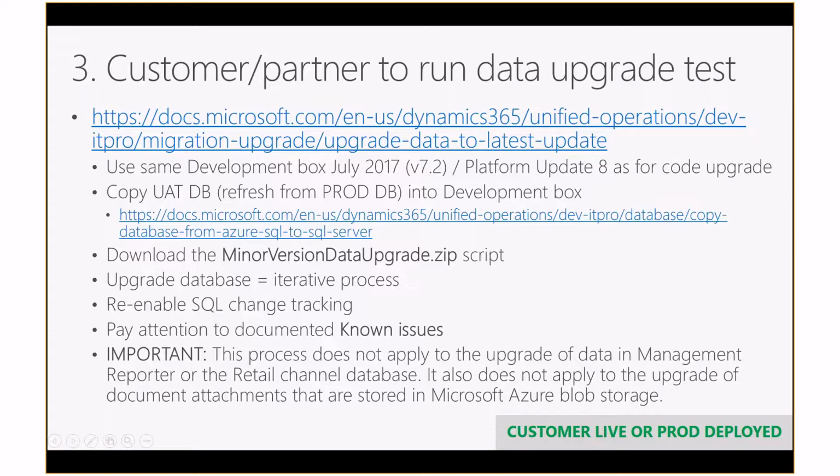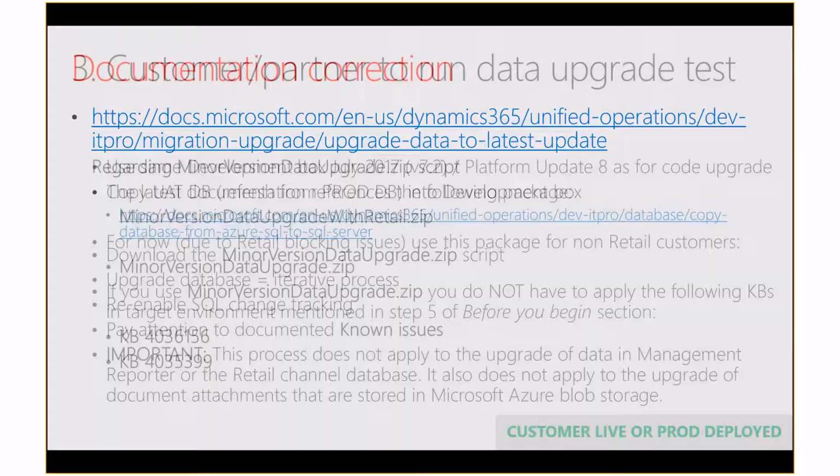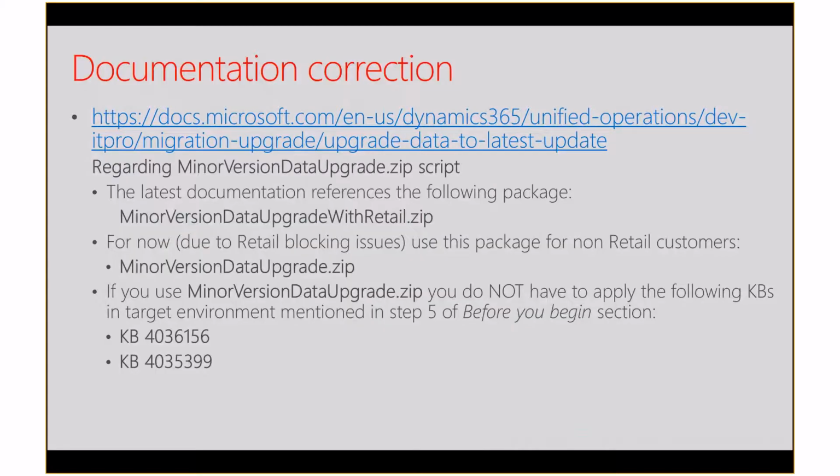Now, one thing I have to highlight, and I call it here a documentation correction, is that in the latest docs article that I just showed you, you will see that instead of the minor version data upgrade.zip file, it recommends to use the minor version data upgrade with retail zip file.